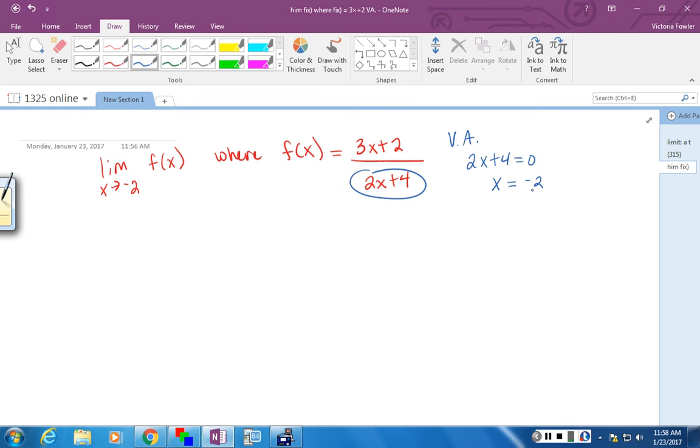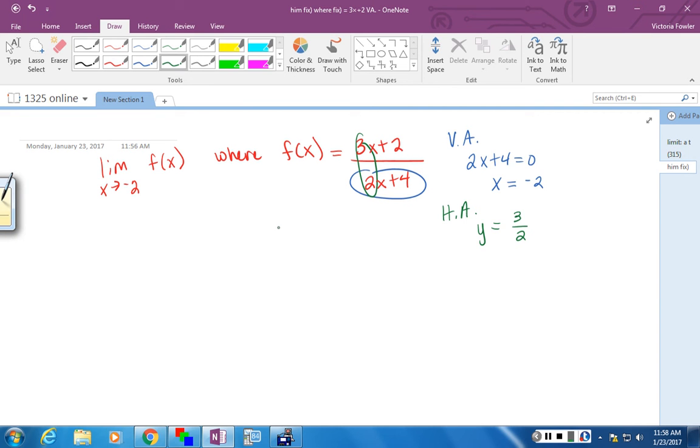And if you recall your horizontal asymptote rules, you're comparing degrees of the numerator and denominator, and they're equal, since the degree of the numerator is 1 and the degree of the denominator is 1. So I have a horizontal asymptote at y equals 3/2, because you take the leading coefficient over the leading coefficient.